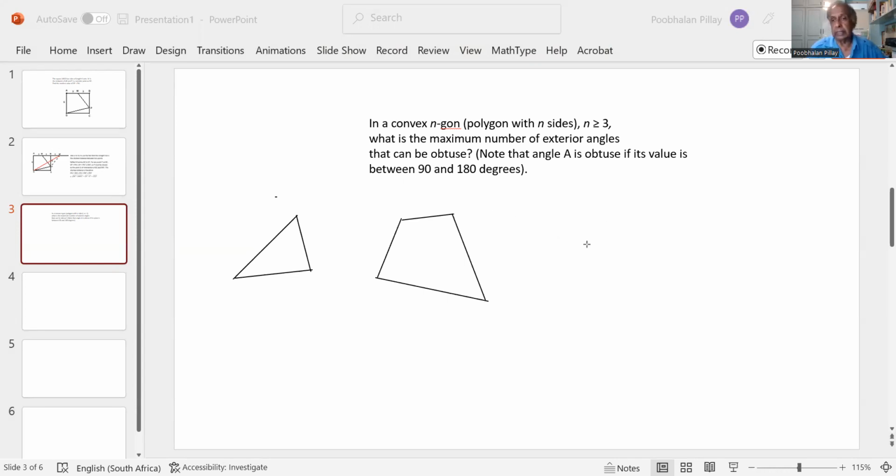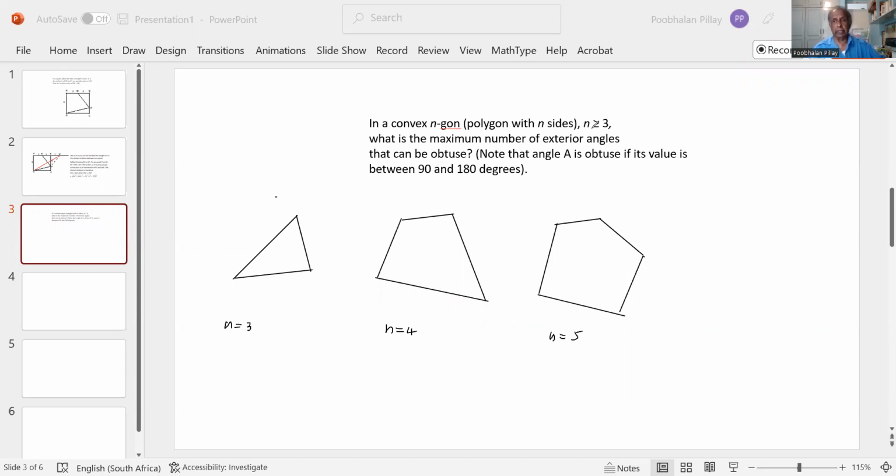So you've got various kinds of figures. For n equals 5, you'll have something like this maybe. So this is n equals 3, n equals 4, n equals 5. These are just some examples.